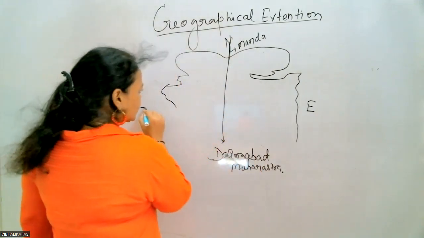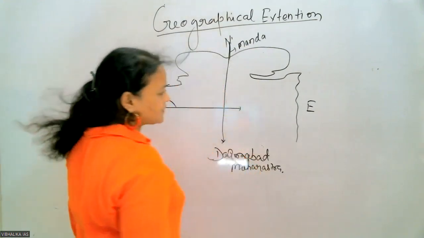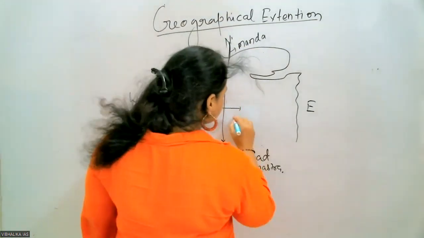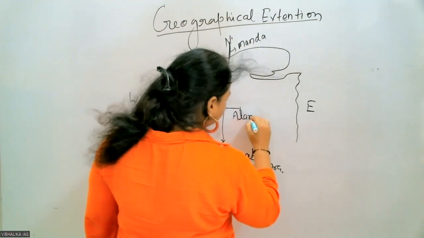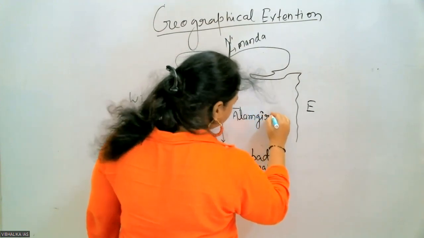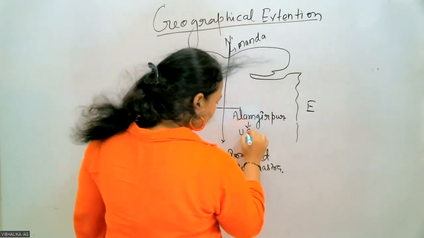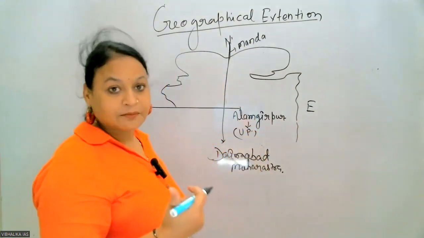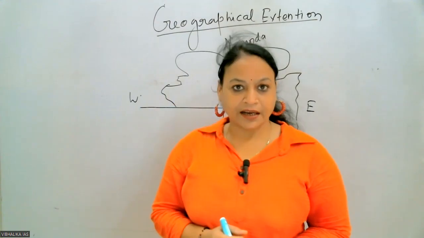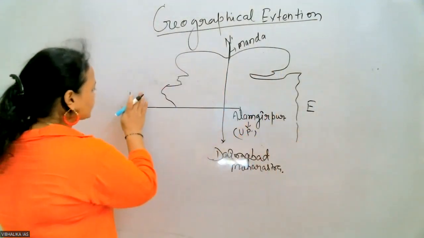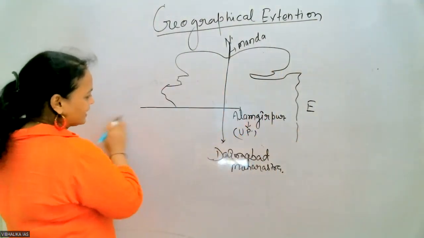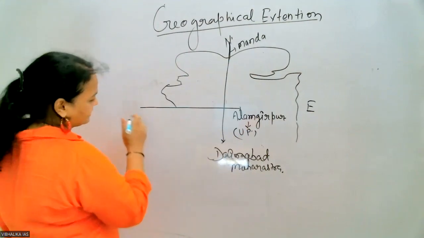And what is the easternmost site of this civilization? This is Alamgirpur. Alamgirpur is situated in Uttar Pradesh, near Meerut, on the bank of the Hindon River. And what is the westernmost site of this civilization?